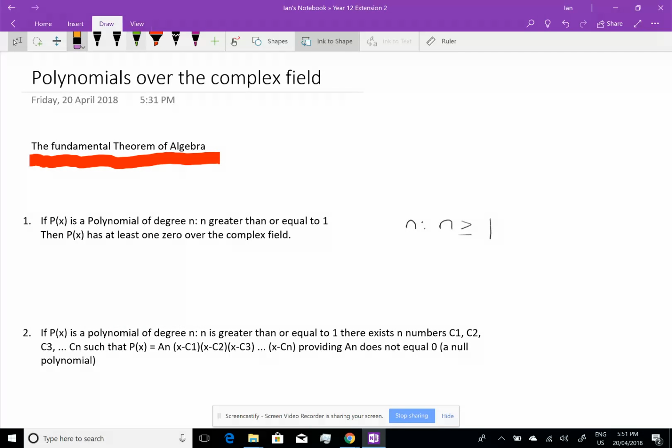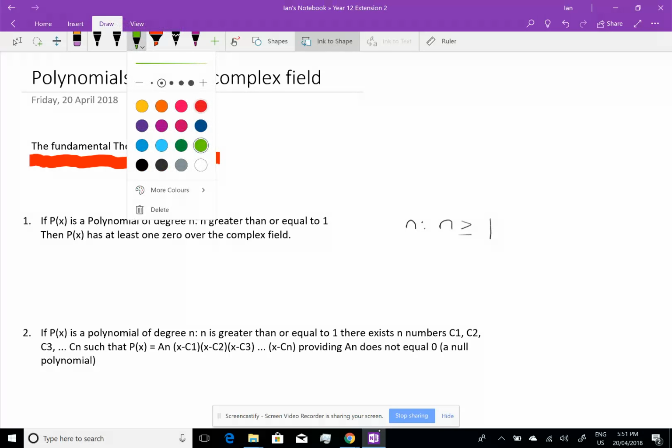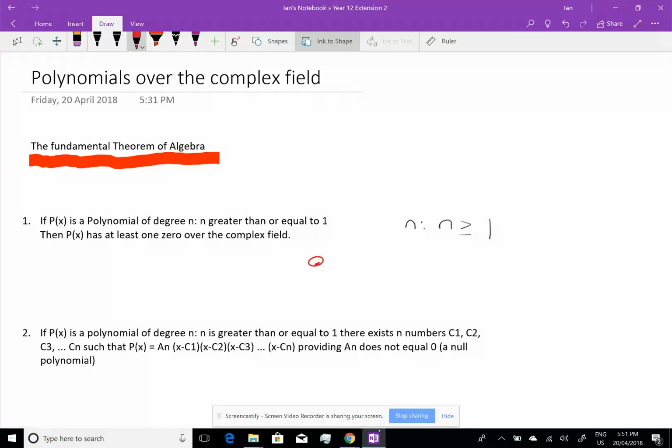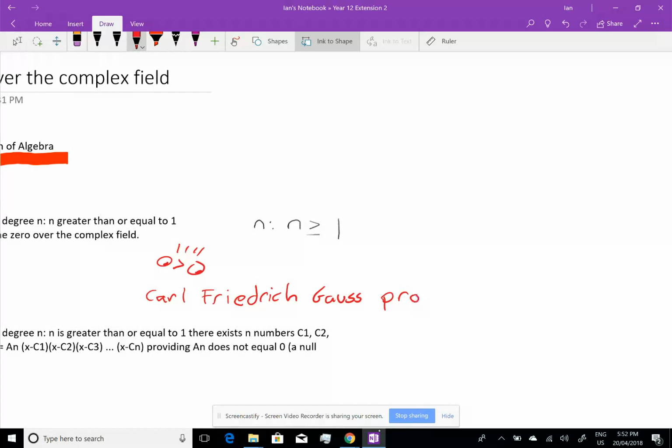Now, a little bit of trivia for you. Carl Friedrich Gauss, remember Carl, he's famous for adding all the numbers 1 to 100. He proved this at age 22 in 1799.